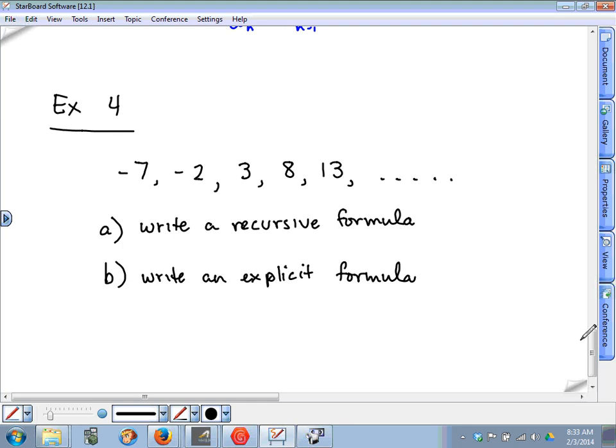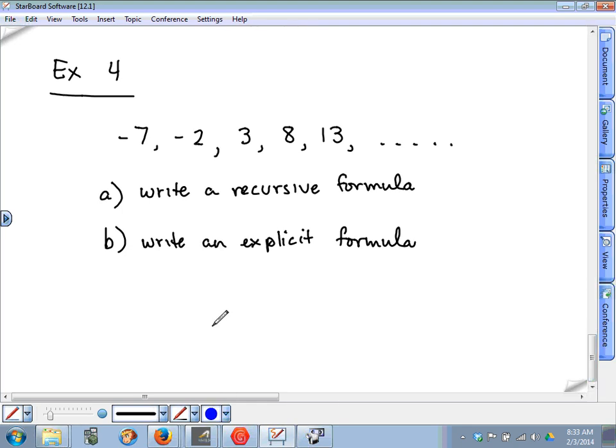So let's start with the first one, recursive. How do we start with the recursive formula? We have to know the first term. How do you describe the first term? Using symbols. A sub 1, since it's the first term, equals -7. So there's the first term. Now, a sub n plus 1 represents the next term.